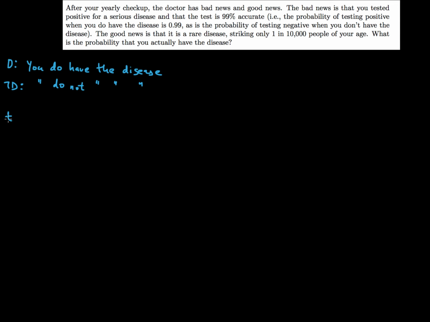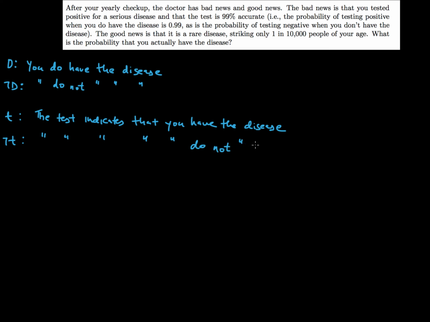Now the random variable T says the test indicates that you have the disease. And when I use the random variable not T, that implies the test indicates that you do not have the disease. Okay, so these are just some random variables that I'm going to use in my problem.